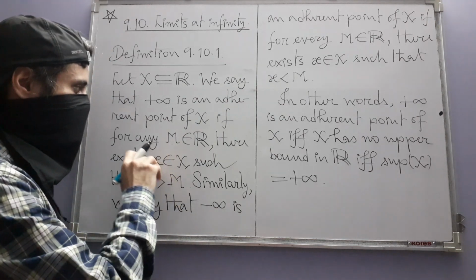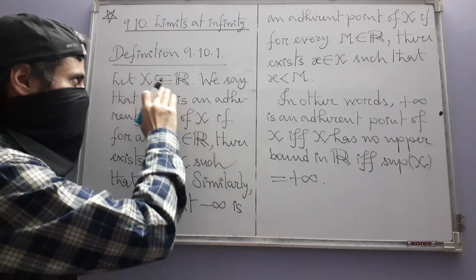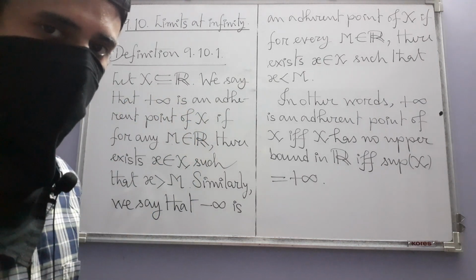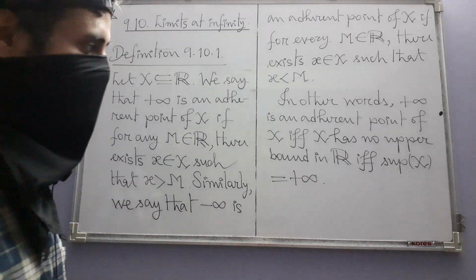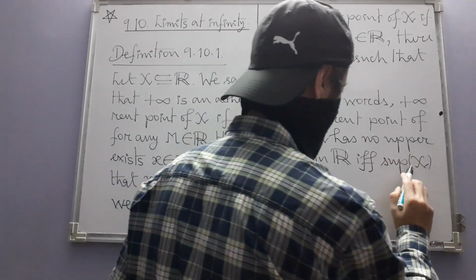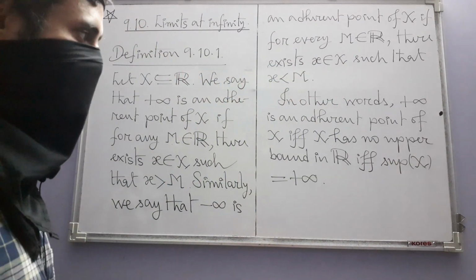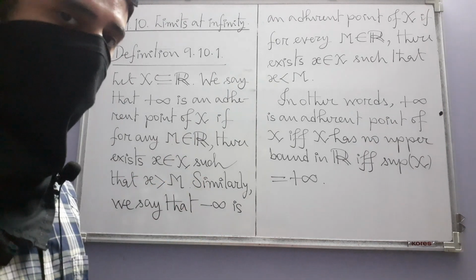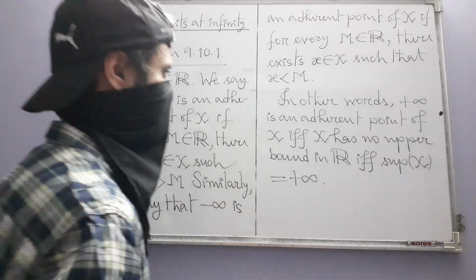That is why, if plus infinity is an adherent point of X, then X necessarily is non-empty. Now, why am I bringing up this non-emptiness? That's because for a non-empty set the supremum can be plus infinity, while for the empty set the supremum by definition is minus infinity. So that problem is not present here.